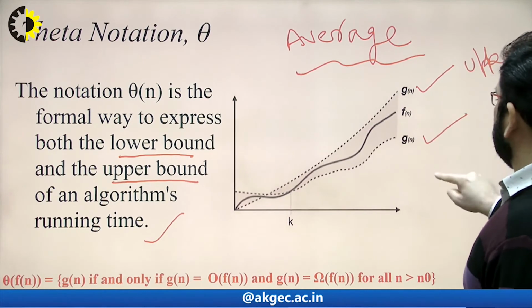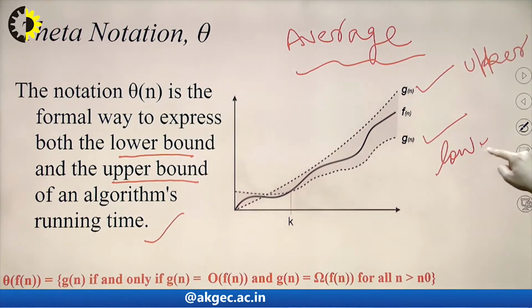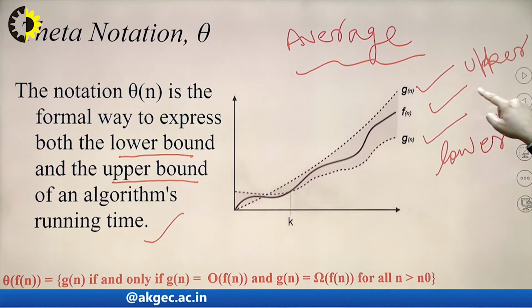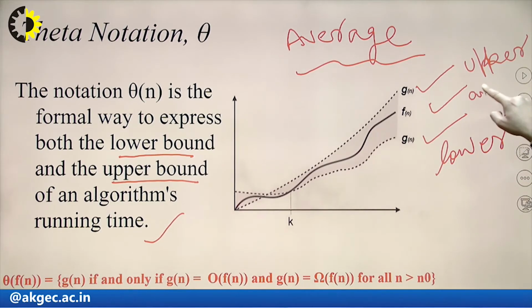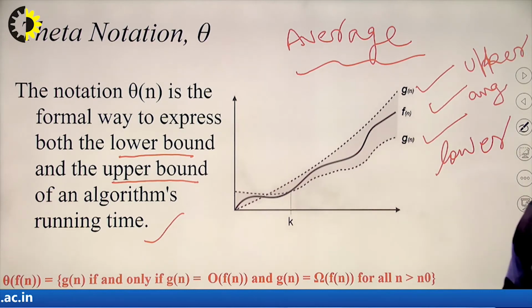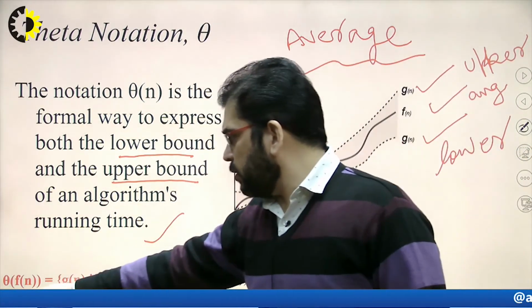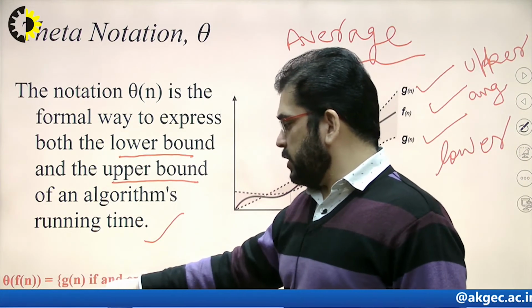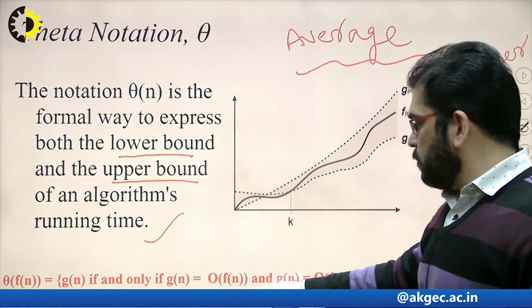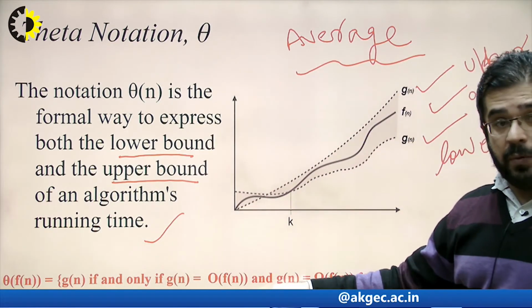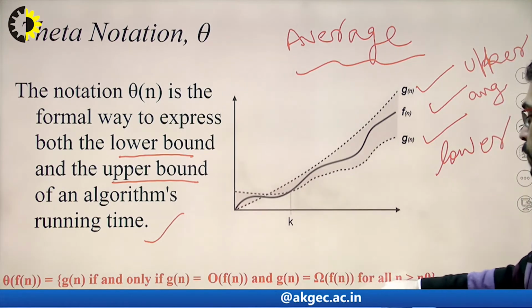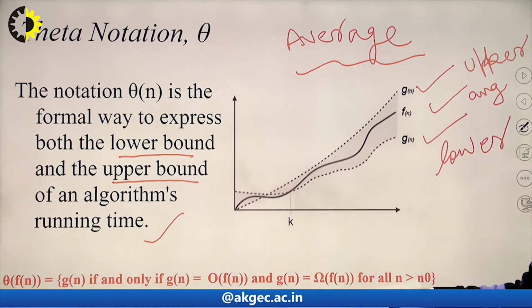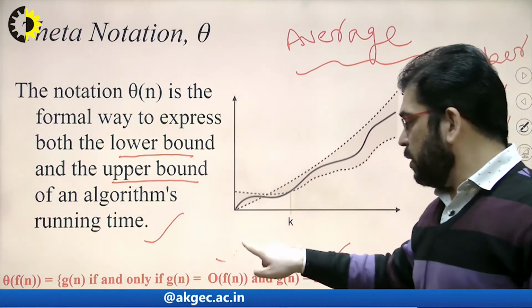This g(n) is the lower bound, and this is the average bound. So this is the equation for theta notation. f(n) is equal to g(n) if and only if g(n) is equal to big O of f(n) for upper bound and g(n) is equal to omega of f(n) for lower bound. So both cases have been covered, upper bound and lower bound.